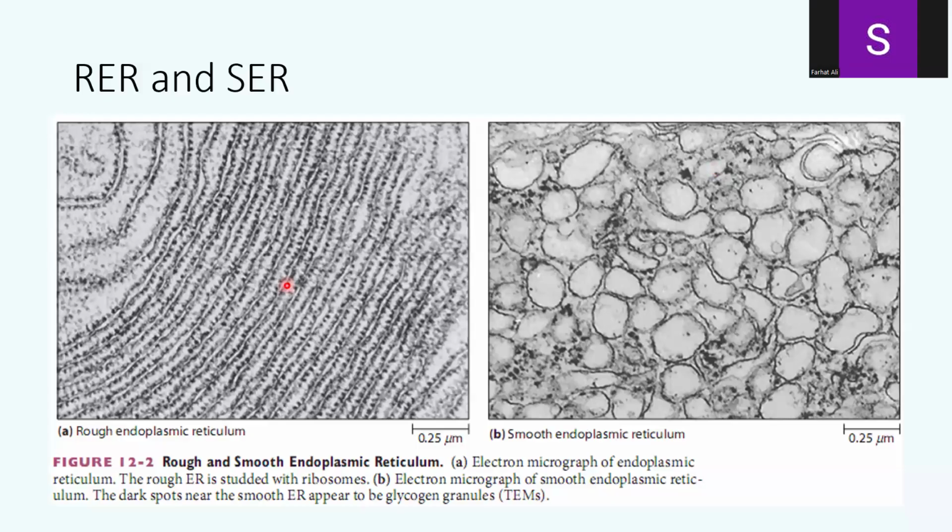This is a micrograph showing the structure of the endoplasmic reticulum. If you look at the left panel, you can see small dots present on the surface of these sac-like structures.